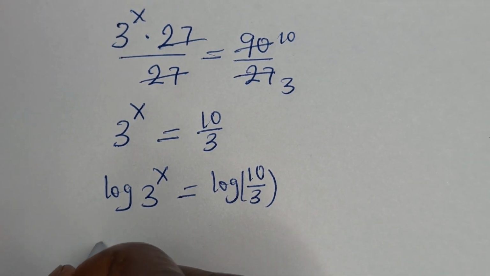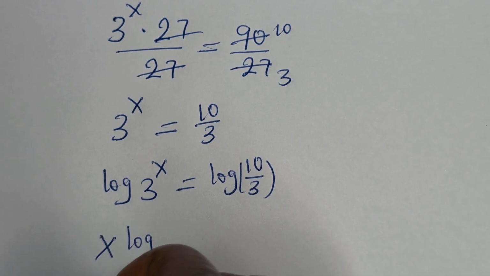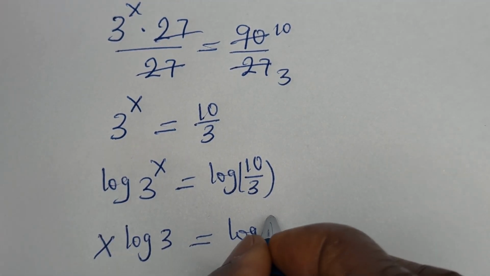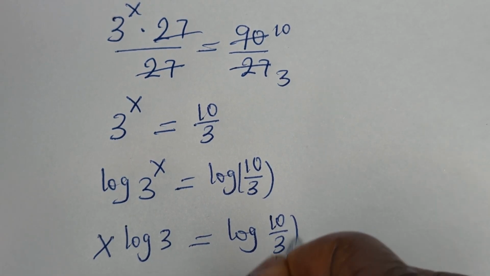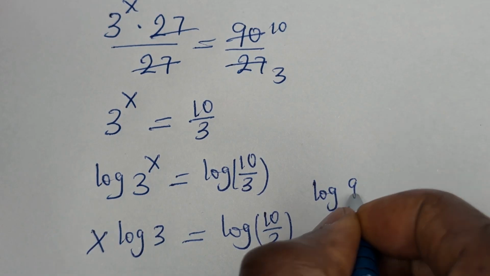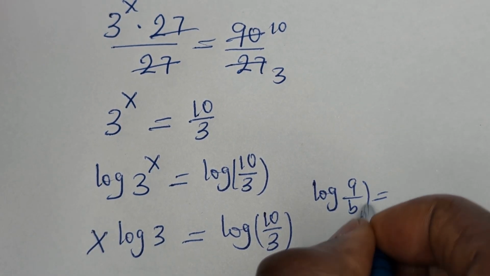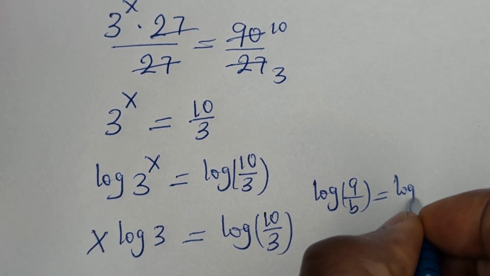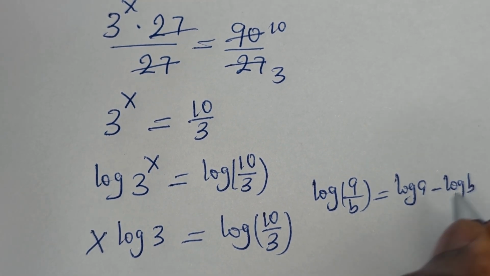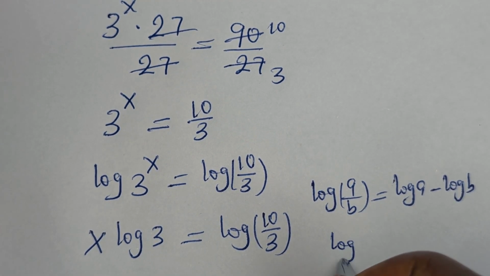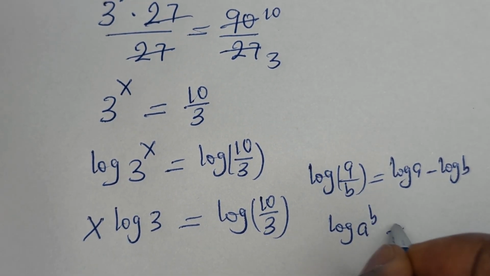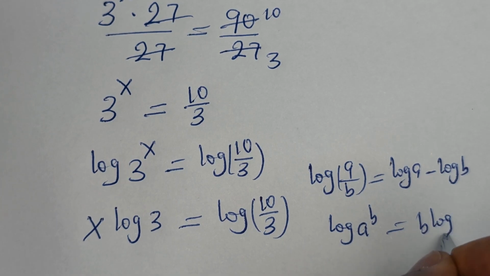Now this is s log 3 is equal to log 10 over 3. Take note of this, that if you have log a over b, this is equal to log a minus log b. If you have log a raised to power b, this is equal to b log a.